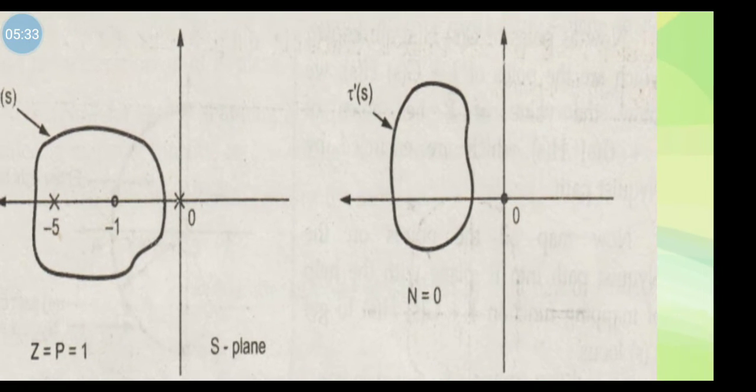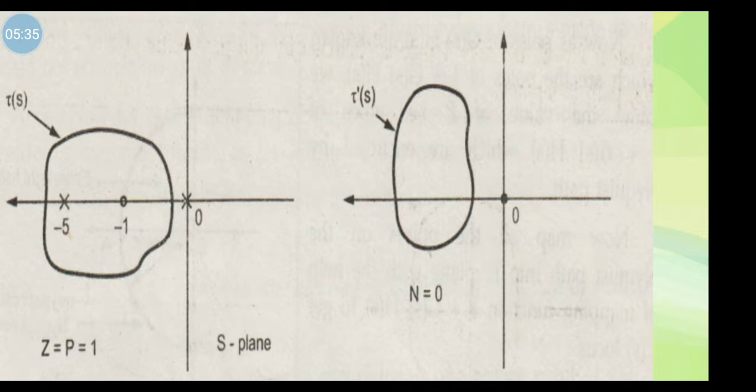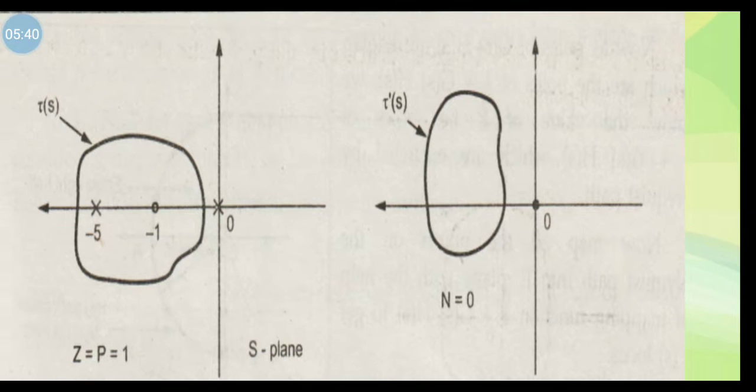Okay, so you can see P equal to Z. Let one pole and one zero be encircled by Γ'(s) in S plane. Then Z equal to P, 1 and 1, and N equal to 0.